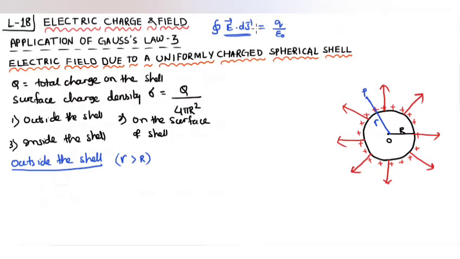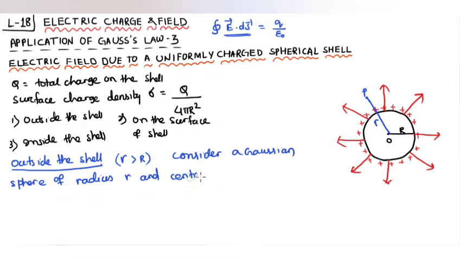And the spherical Gaussian surface will have the radius small r, and the center of the Gaussian sphere will be the point O. So let me write here that consider a Gaussian sphere of radius r, and centered at O. So I will draw a Gaussian sphere whose radius is the small r, and the center of the sphere will be O. So let me draw here like this.